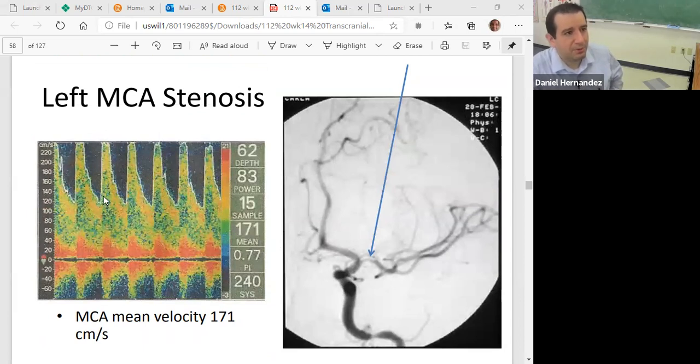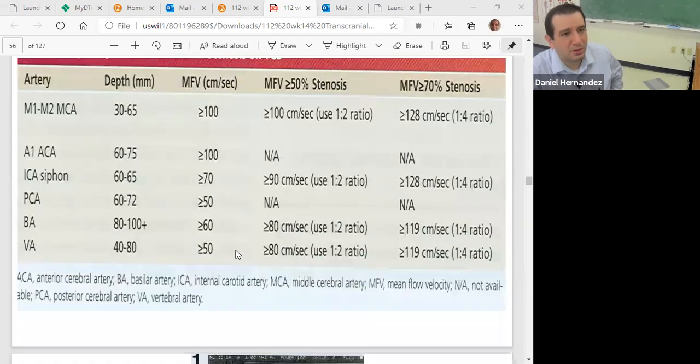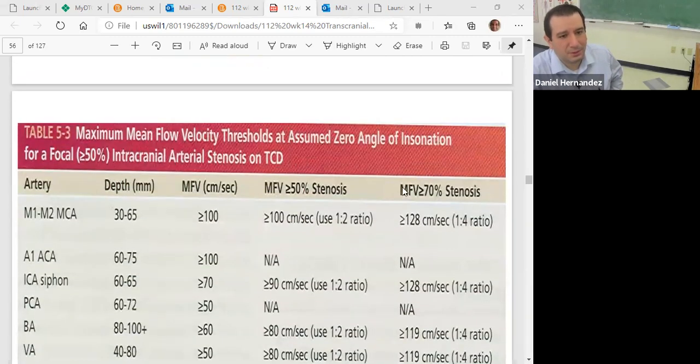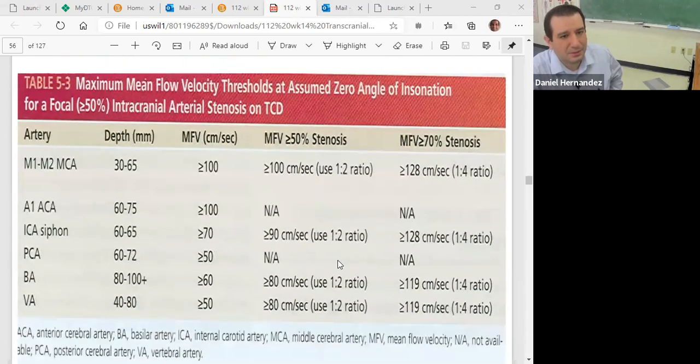So this is another example of a left MCA stenosis. We get a mean velocity of 171. Going back to our chart, 171 will fall into our greater than 70% stenosis.